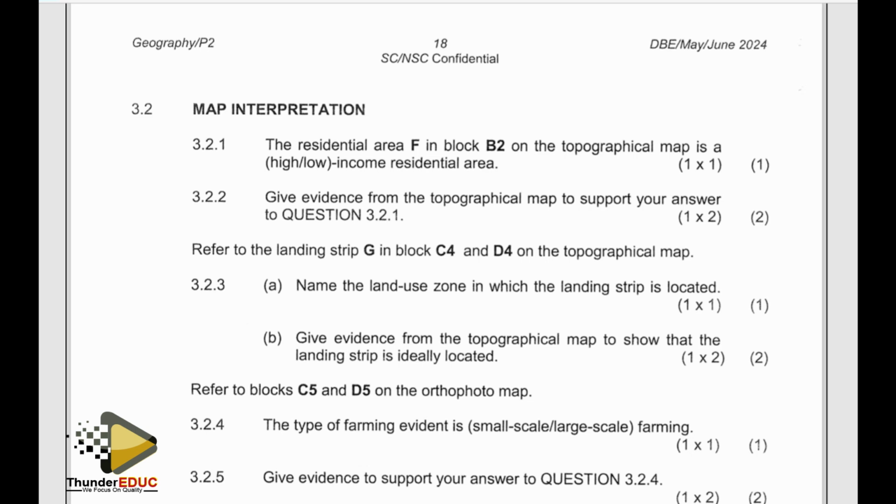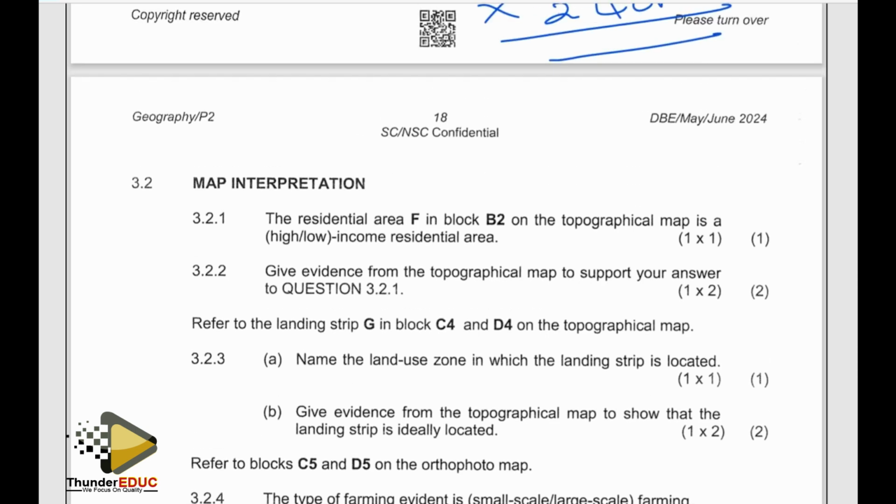We go on to the residential area F in block B2. Right. I will give you the clues of what you need to check to identify if it's a high income area or a low income area. Unfortunately, we don't have the map, but we're just highlighting the clues that you should check. What you need to check there is the size of the residential stands.